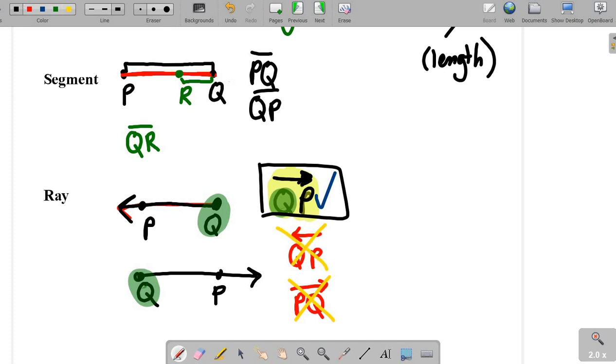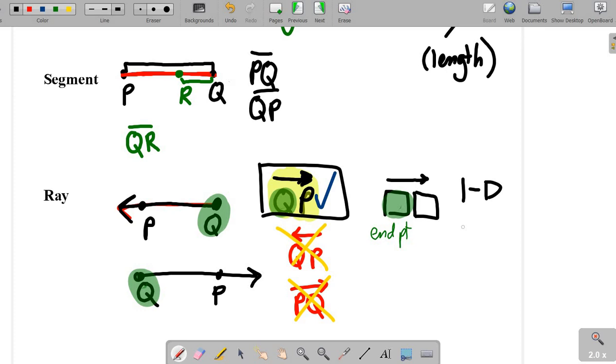So just remember, when you do a ray, you always use the two points. You always do the little arrow going to the right, even if the original ray goes to the left. And the first letter is always the endpoint. A ray just has length, therefore it is also only one dimension.